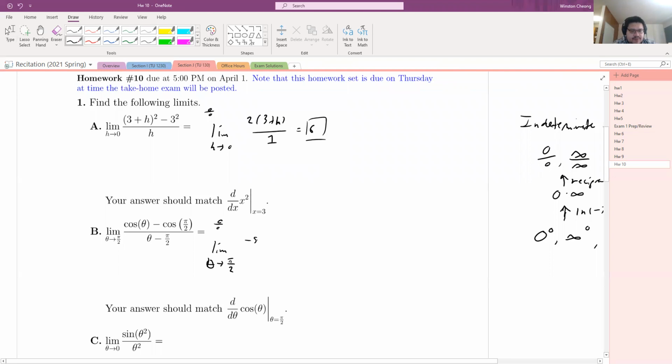That's going to be minus sine of theta, and then the denominator is going to be 1. Okay, so now we can just try to plug in. Well, what is minus sine of pi over 2? Well, pi over 2 is 90 degrees, sine is going to be 1, so negative is going to be negative 1. And so we get negative 1 for part B.